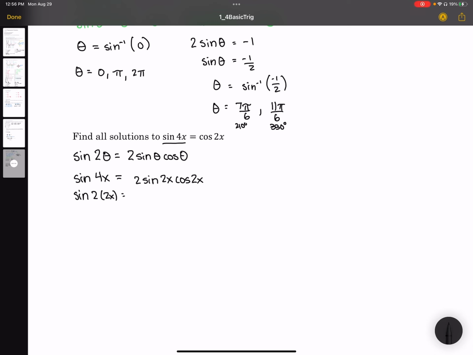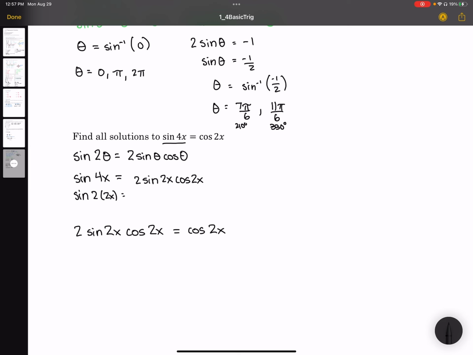So our equation, instead of being sine 4x, is going to be 2 sine 2x cosine 2x equals cosine 2x. So now if you're thinking you can divide both sides by cosine 2x, that's not the way we want to work this.